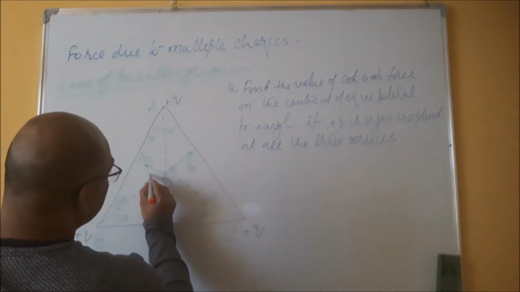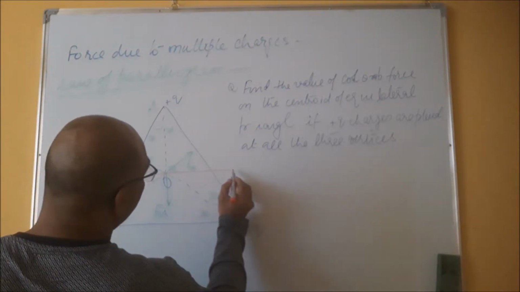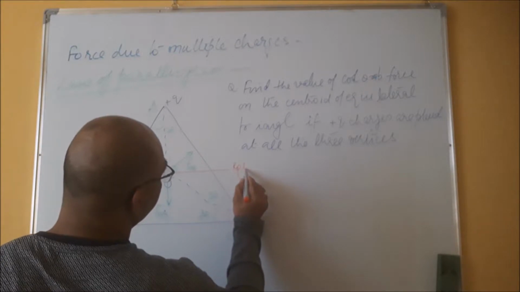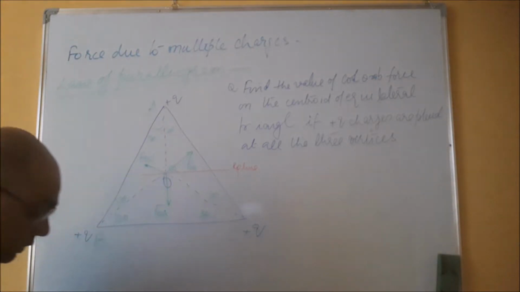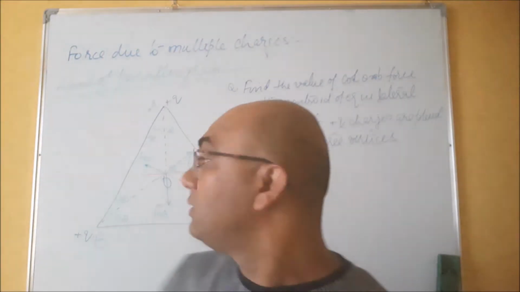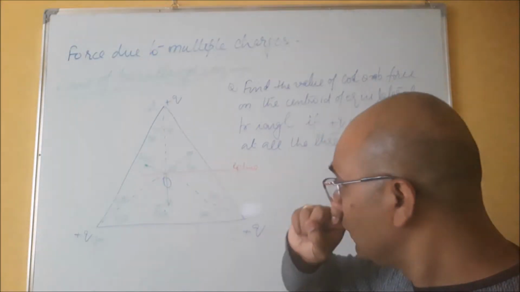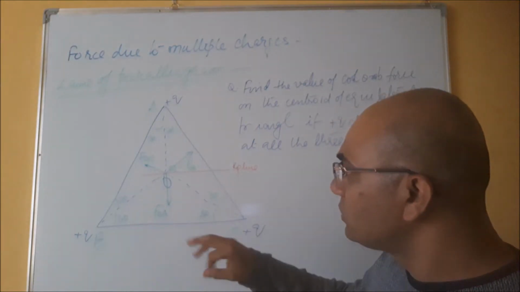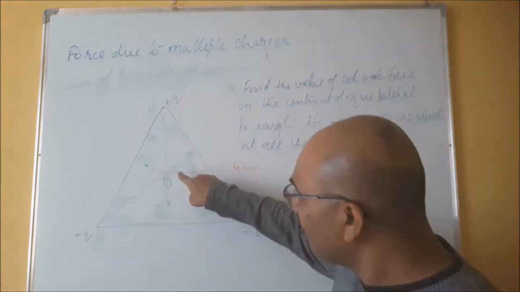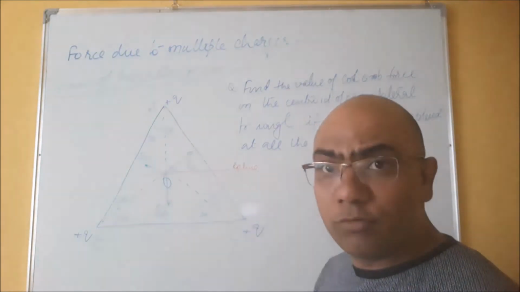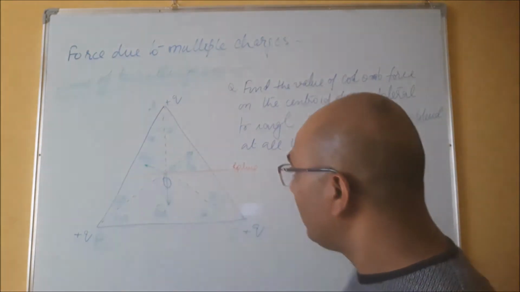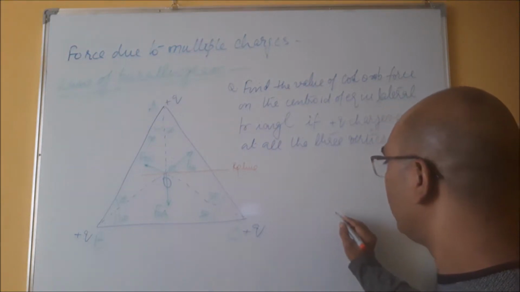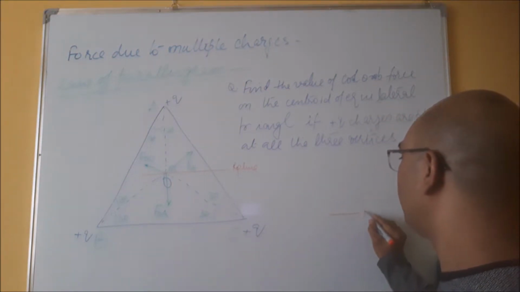So this line I am taking as a reference line, right? And I'm drawing F_OB here. So this is your reference line.